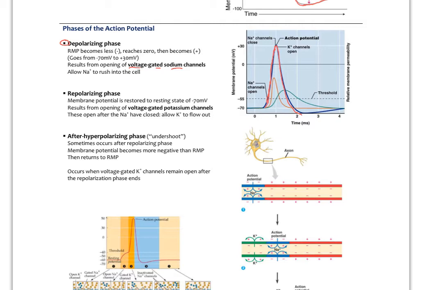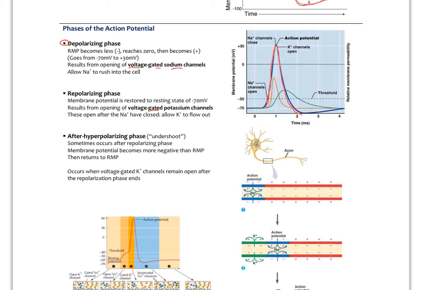And that happens because of the opening of voltage-gated potassium channels. The potassium channels open at about plus 20, plus 30 millivolts. And when they open, potassium is able to rush out of the cell. And that actually is going to repolarize the membrane back to resting membrane potential.